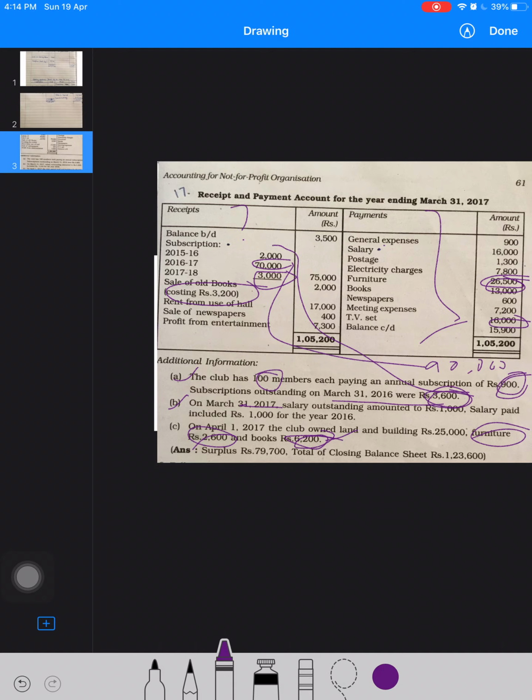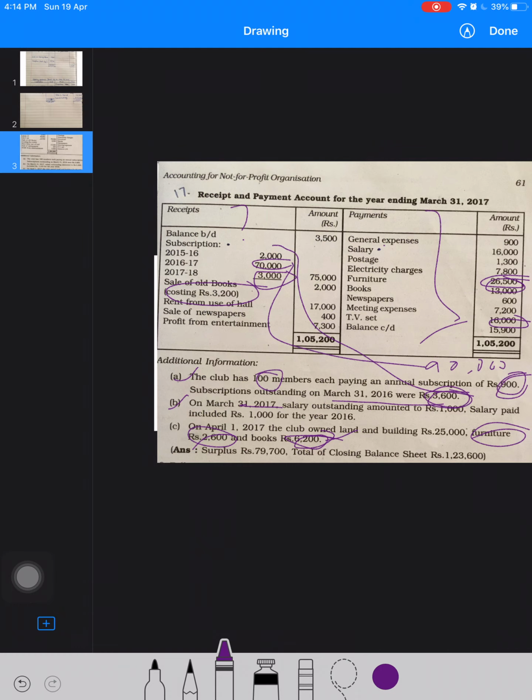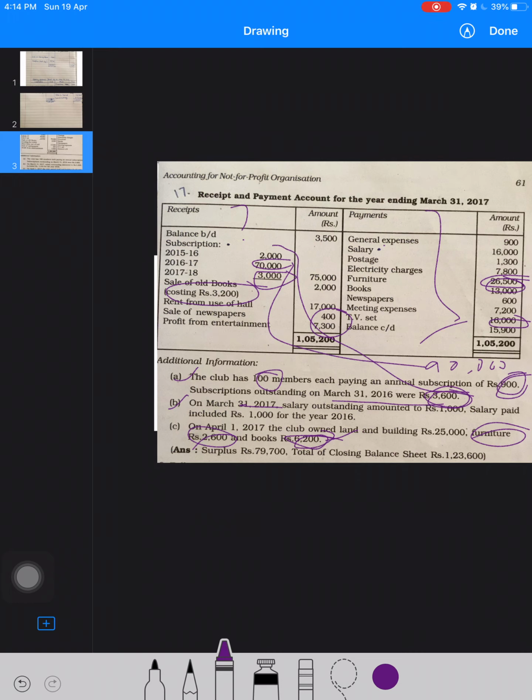Now next is sale of old books, that we have taken care of. Now rent from use of hall 17,000 will come as it is on the income side. Here 17,000 you can see. Then sale of newspaper, profit from entertainment, all these will come on your income side. So all this we have taken care of.